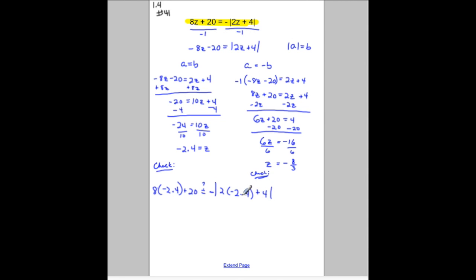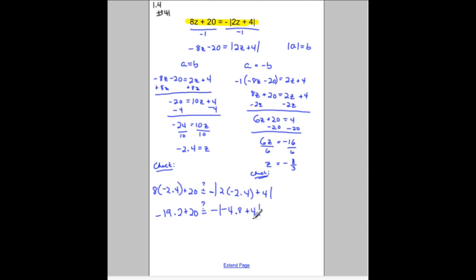So -2.4 times 2 is going to be -4.8 plus 4, still in the absolute value sign, and there's a negative outside of that. And that may or may not be equal to 8 times -2.4, which is going to be something more than 16. So 2.4 times 8, 19.2, that sounds right. So negative 19.2 plus 20.